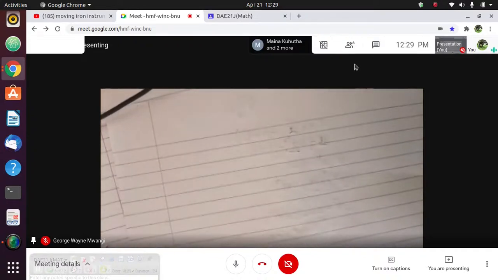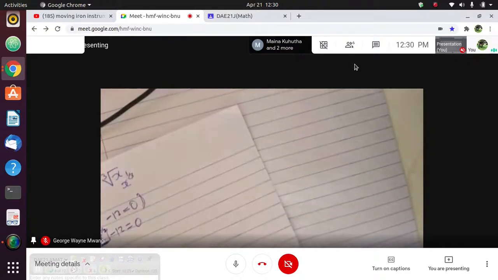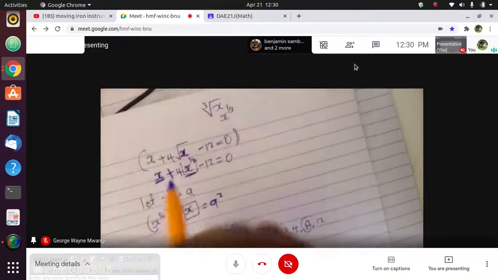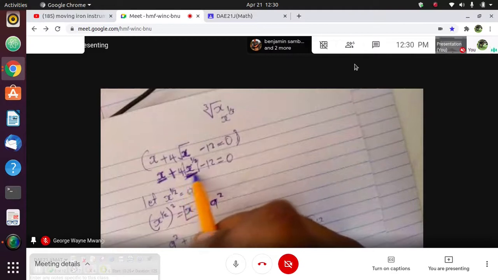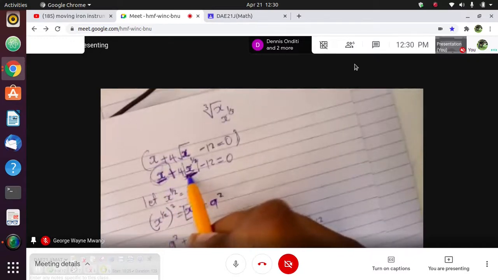What we are doing is taking polynomial expressions and converting them to quadratic equations so that we are able to solve for those polynomial expressions. Now, something I want you to note is that this variable here is the square of this one.